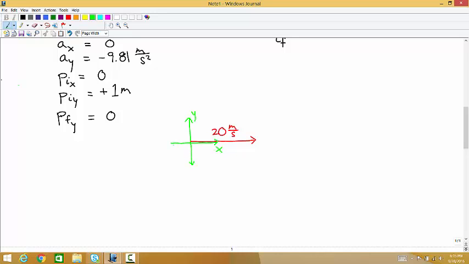So what angle do you have to go from the positive x-axis to get to that vector? 0. So this is 20 times the cosine of 0, 20 times the sine of 0, which just gives you 20, 0.